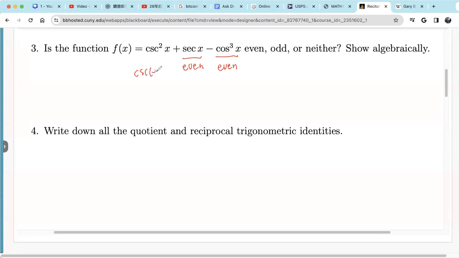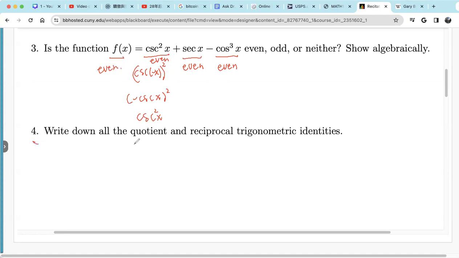If we plug in negative x, we get negative cosecant x, all squared. But when we square, it becomes positive. So this is also even. Hence, all 3 terms are even, so this whole thing, f, is even.